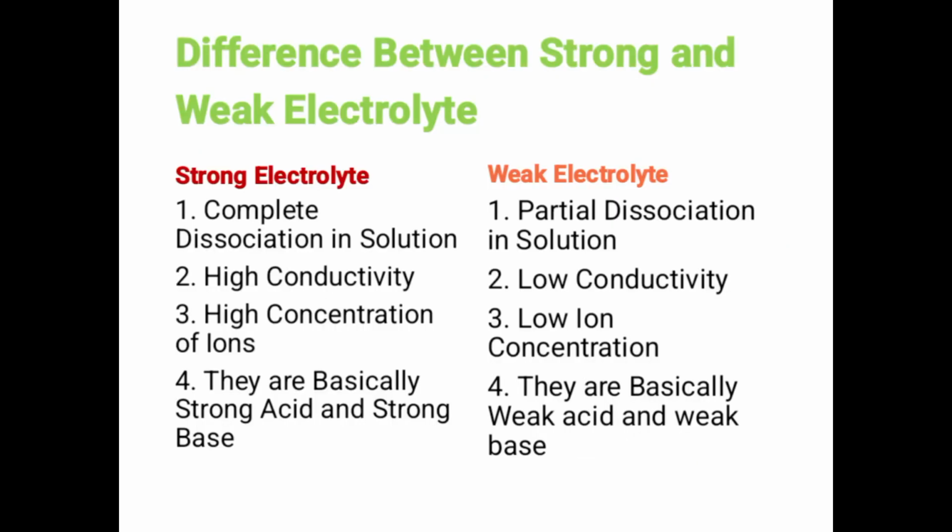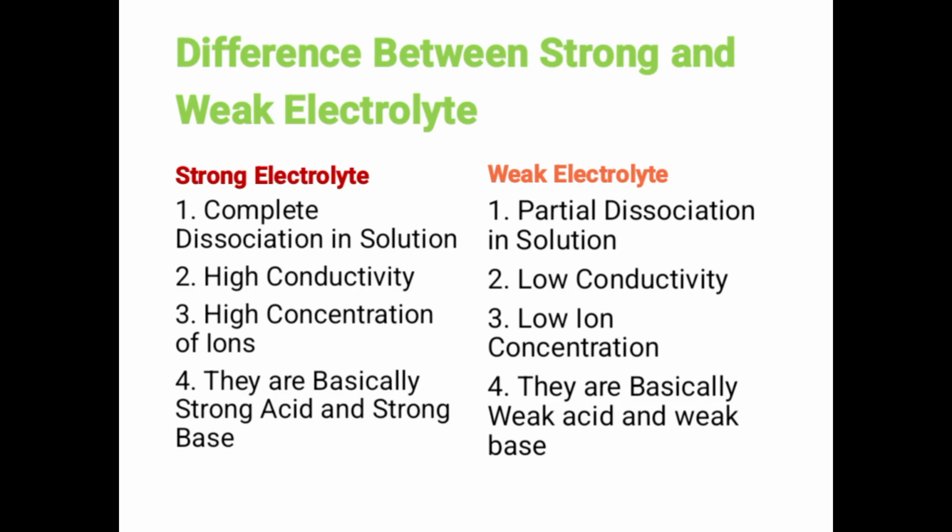Let's look at the differences between a strong and a weak electrolyte. In a strong electrolyte, we have complete dissociation in solution. For a weak electrolyte, we have partial dissociation in solution. For a strong electrolyte, we have high conductivity. For a weak electrolyte, there is low conductivity.